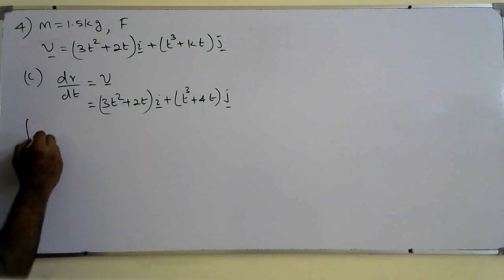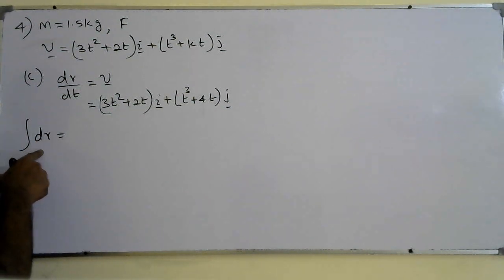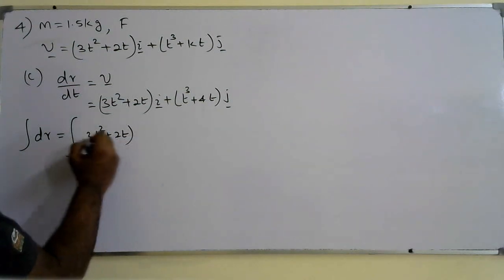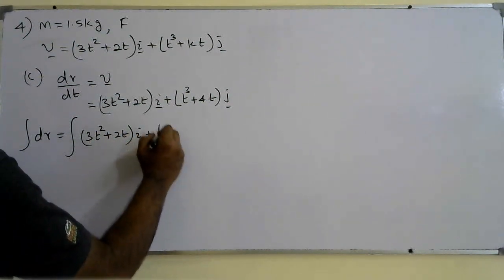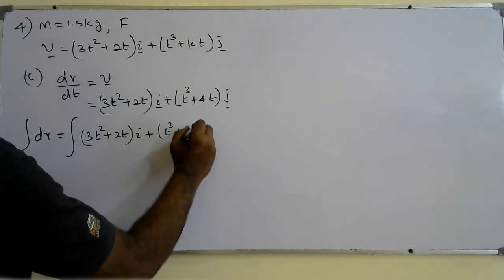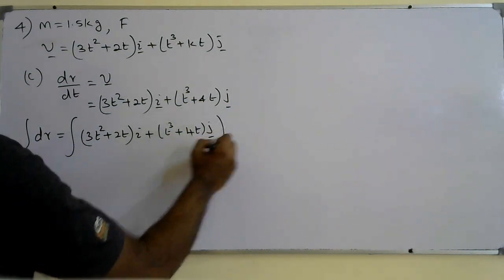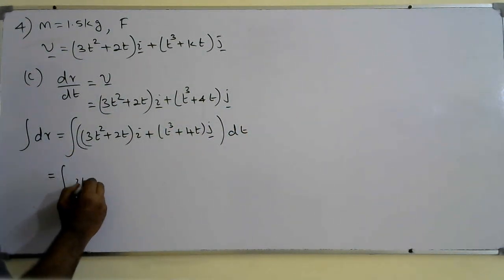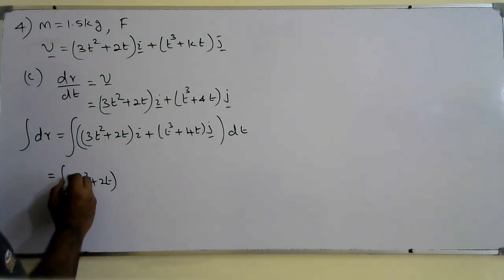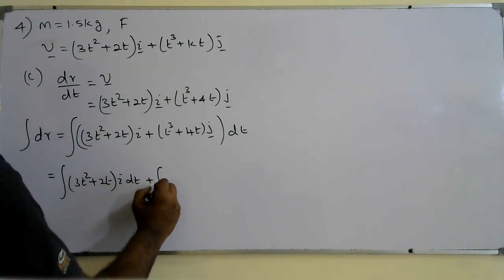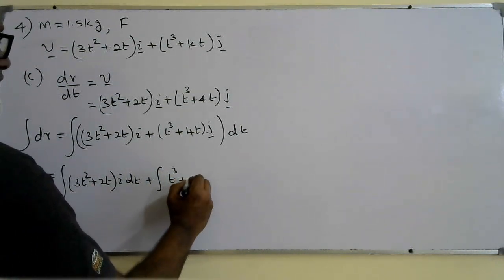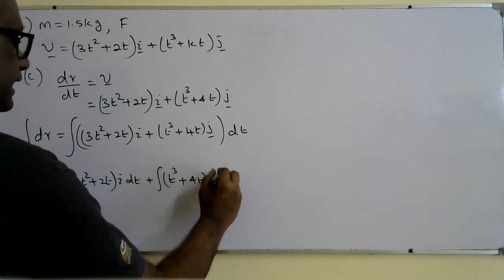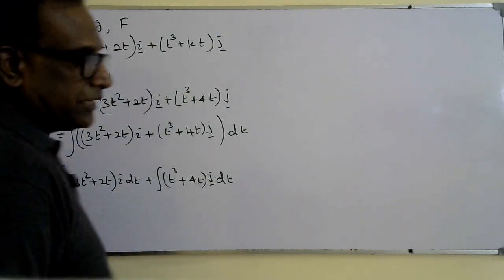So the integral of dr, which gives r on the left side, equals the integral of (3t squared plus 2t) i plus (t cubed plus 4t) j, all times dt. I'll put i and j separately: the integral of (3t squared plus 2t) i dt plus the integral of (t cubed plus 4t) j dt.